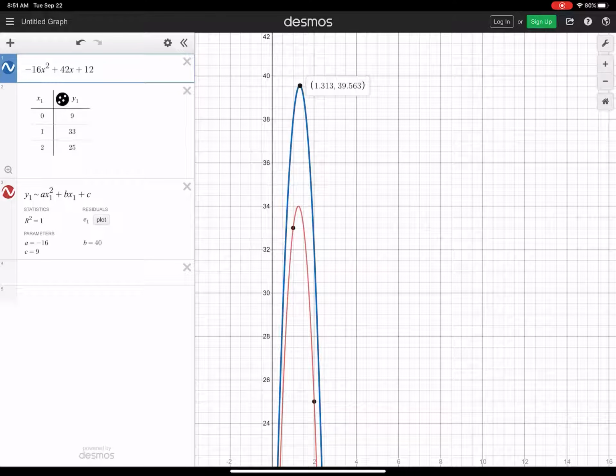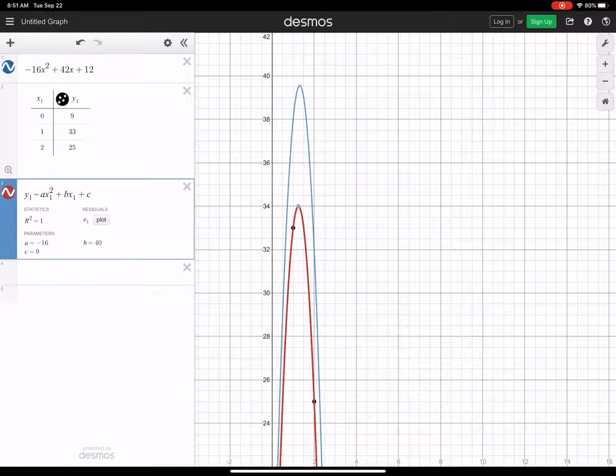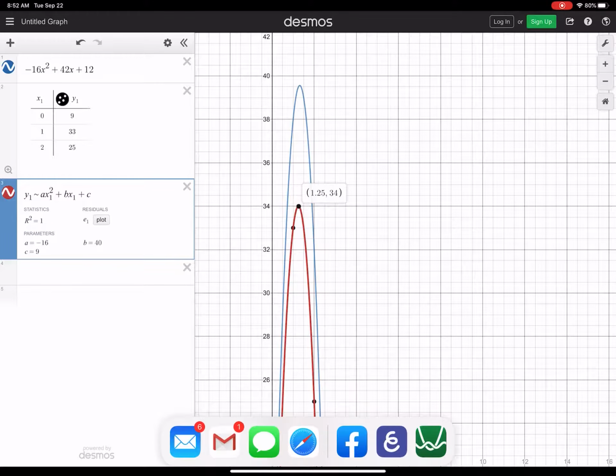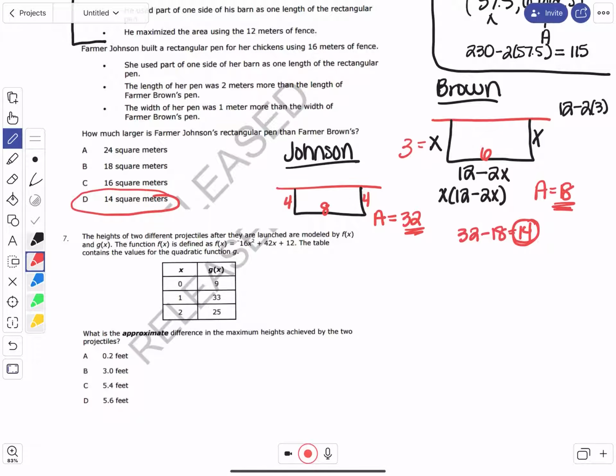So I'm going to do 39.6 minus 34. So let's write that down. 39.6 minus 34 is going to be about 5.6.